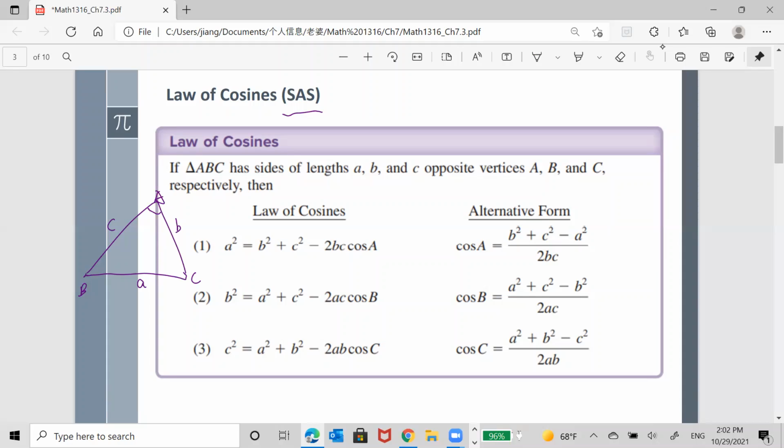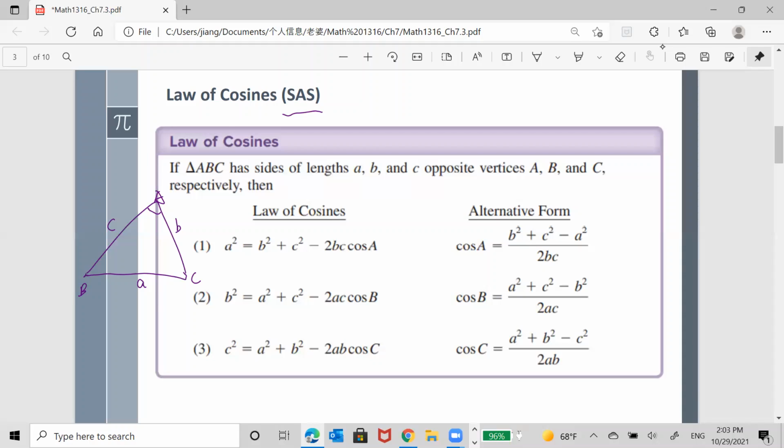If we are looking for the side c, and a and b are given, and the angle C is given, we can use a squared plus b squared minus 2ab times cosine C. That's the lowercase c.